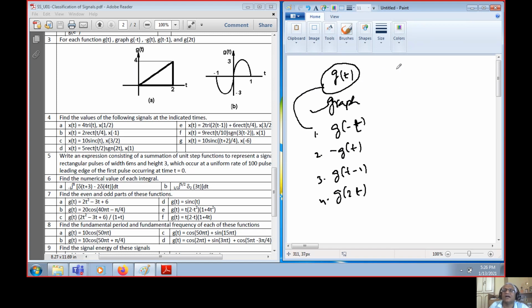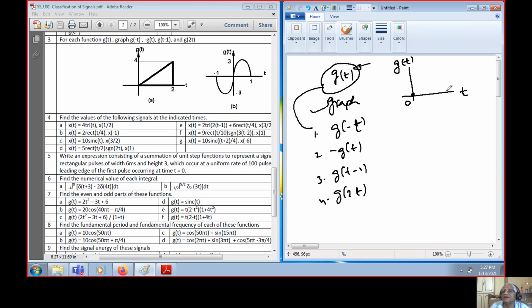Now to do that we should follow some simple common sense techniques without worrying too much about what is explained somewhere. So I will draw the graph here. At t equal to 0, this particular graph is having a value of 0.